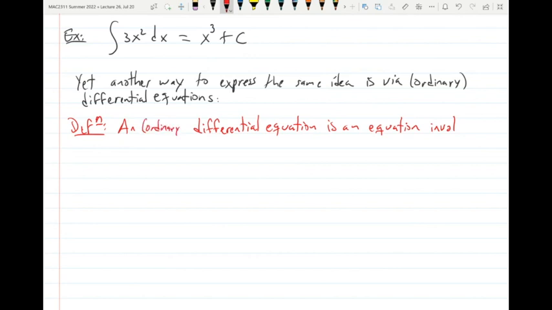I'm going to give you a very rough definition, just so that when you look at it, you can identify it. An ordinary differential equation is an equation involving the variables. Let's say the independent variable is x, but it could be t, and then instead of x, you write t, etc. Involving the variables x, y, and derivatives of y.